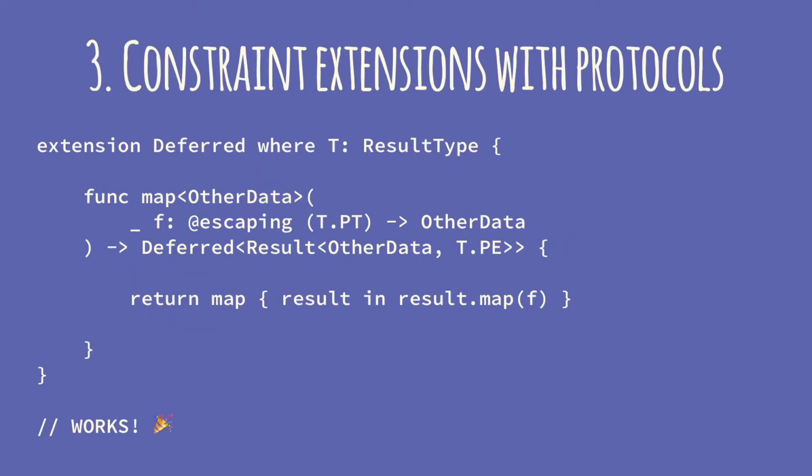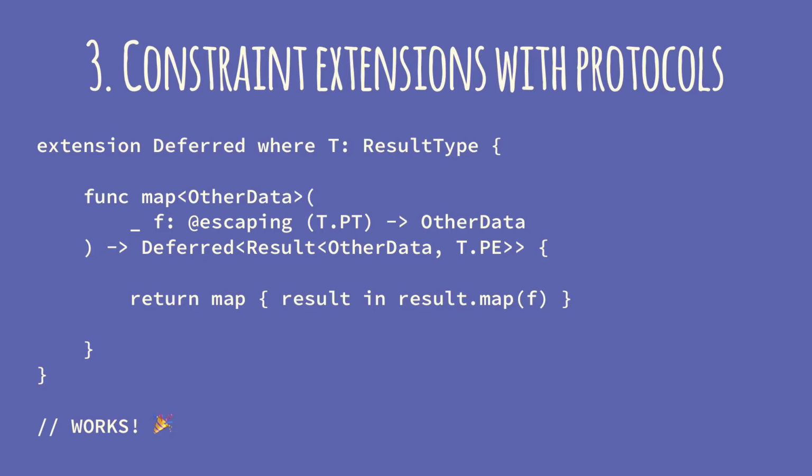So basically you can now say that here is the Deferred of T, and you can say that T is a subclass, sorry, it's not a subclass, it implements the ResultType protocol. Okay? And now, because you've linked the associated types and the generic signature of a Result, you can just use those associated types here in the signature, and everything is okay.